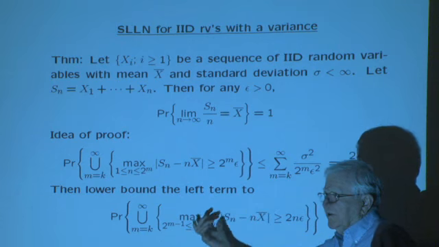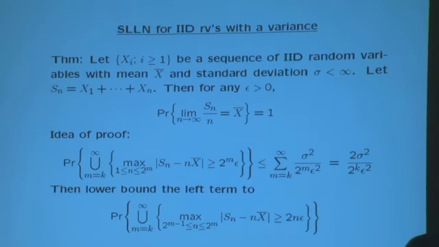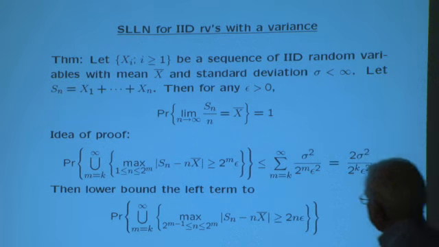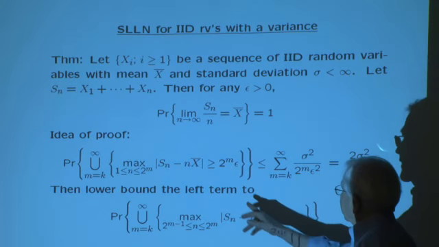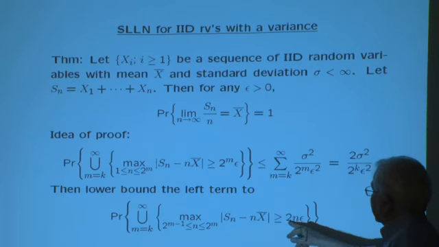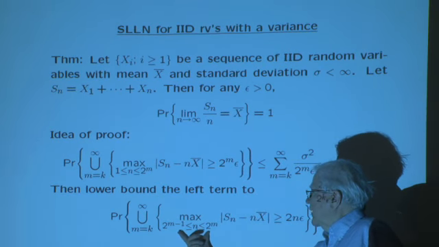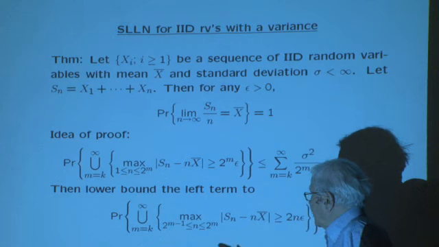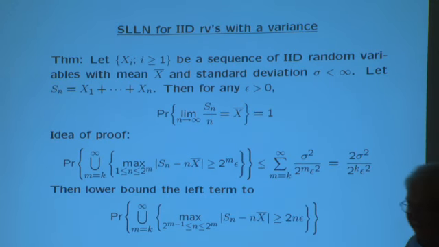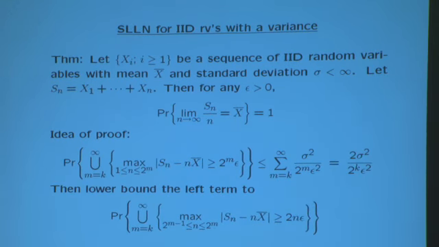So I'm maximizing over a smaller set of terms, which makes the probability smaller. And then I'm replacing the 2 to the m here by 2 times n, because now this bound is between 2 to the m minus 1 and 2 to the m. So I can replace that way. And now it's exactly the sum that I want.